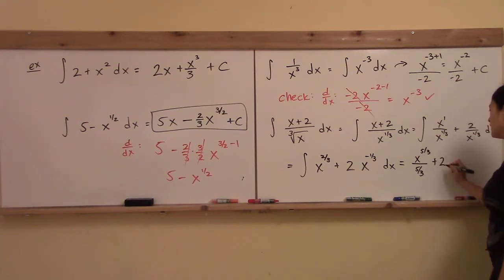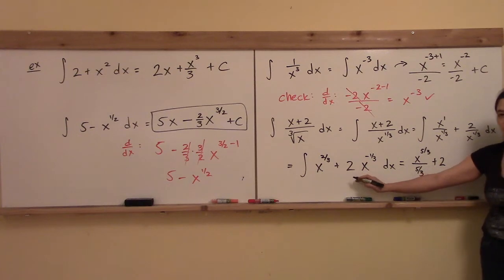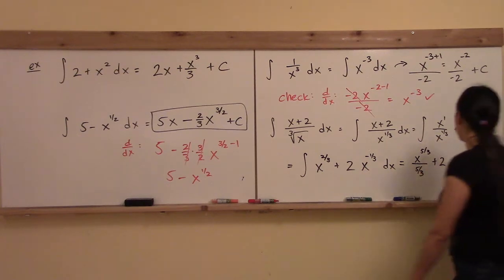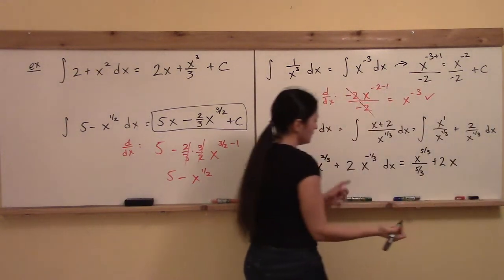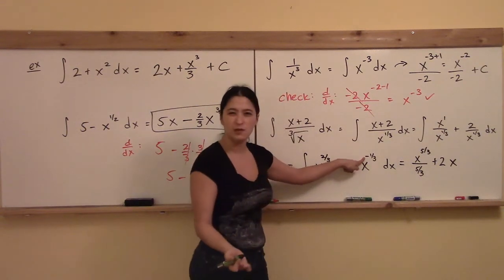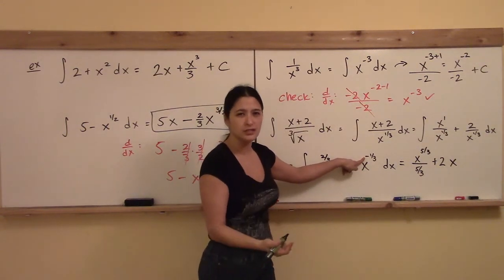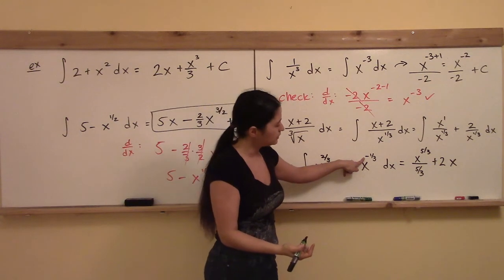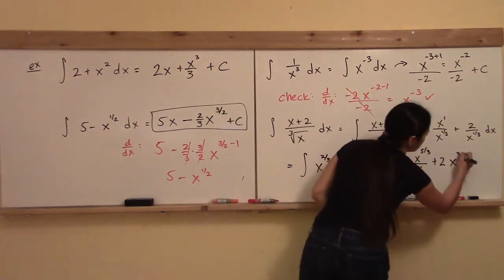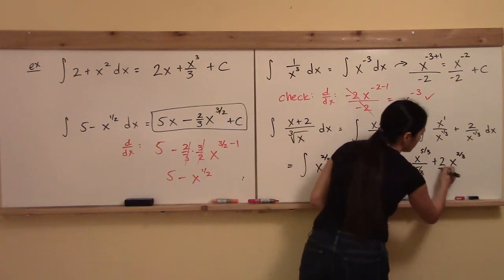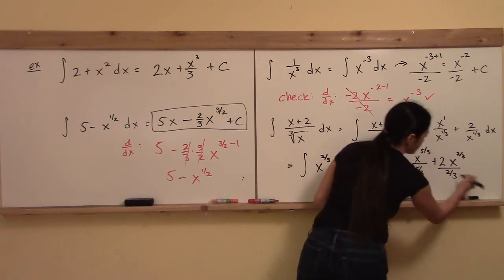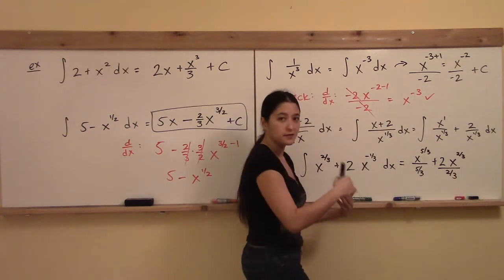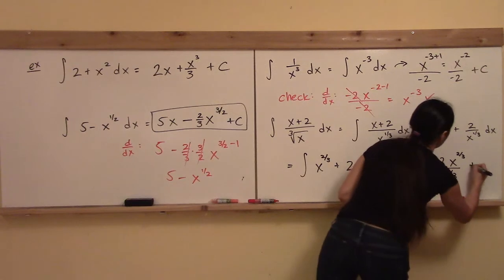Okay, next one, the 2 is just floating out in front, it's just a constant multiple. And then I have, let's see, it was x to the minus 1/3, and I'm going to add 1 to that, so I'm adding 3 over 3. And so what do I get? 2 over 3. But don't forget, you've got to divide by that same exact 2 over 3 so that they'll cancel out. And then I have plus c.